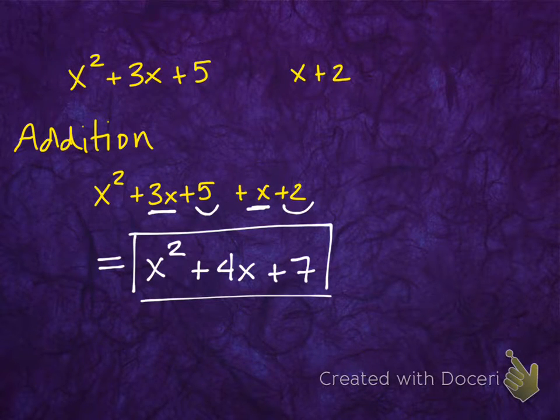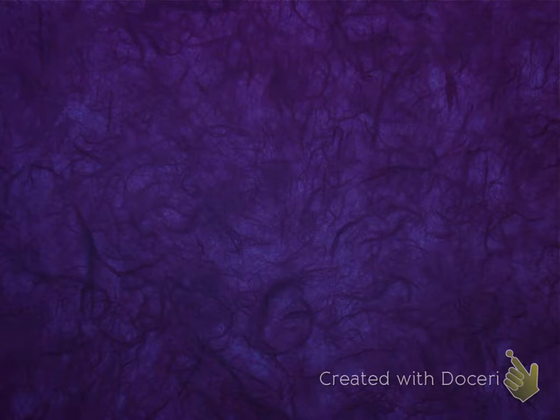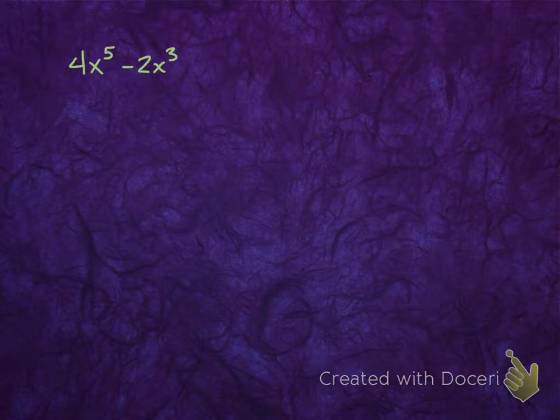So all this says is that you can take whatever polynomials you have, whatever x's and y's and letters and numbers and all of that, you can add them together just like you would any other number. Let's do one more. Let's say you have 4x to the 5th minus 2x cubed plus x plus 5.